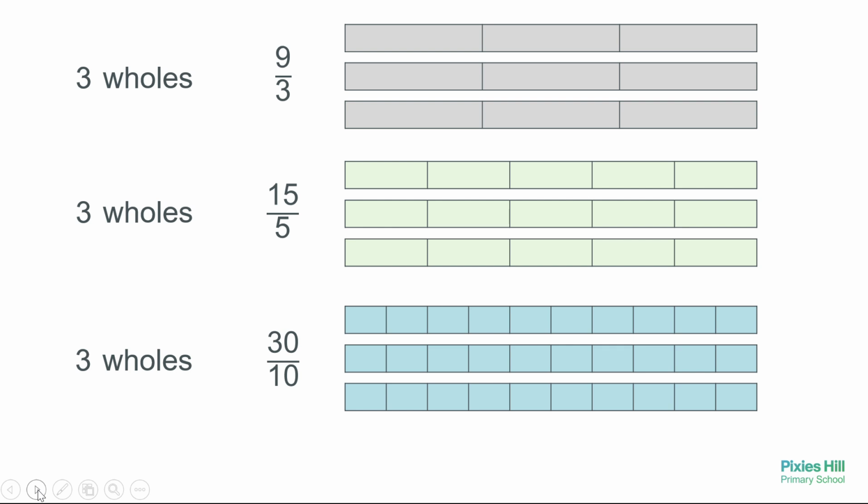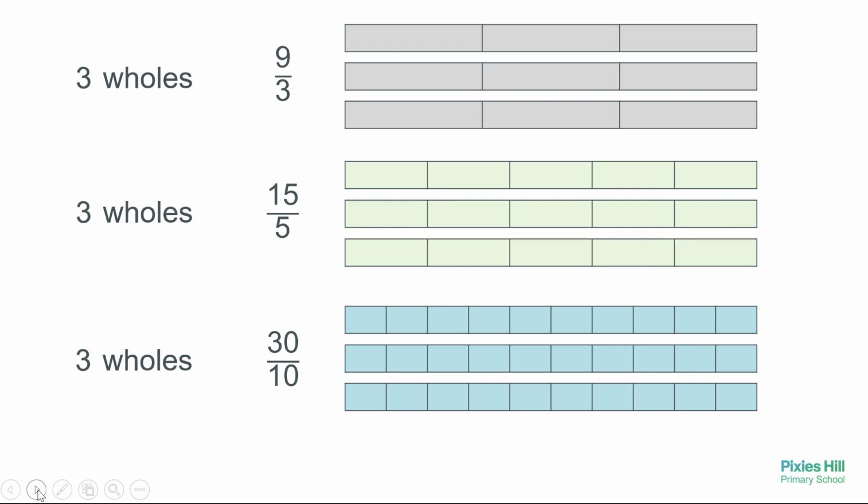In the second example, the whole is split into 5 equal parts and we have 15 in total. So the improper fraction is 15 fifths. And in the final example, the whole is split into 10 equal parts and we have 30 in total. So the improper fraction would be 30 tenths.